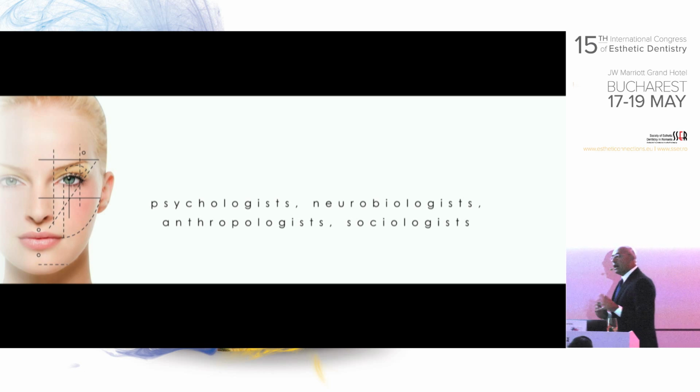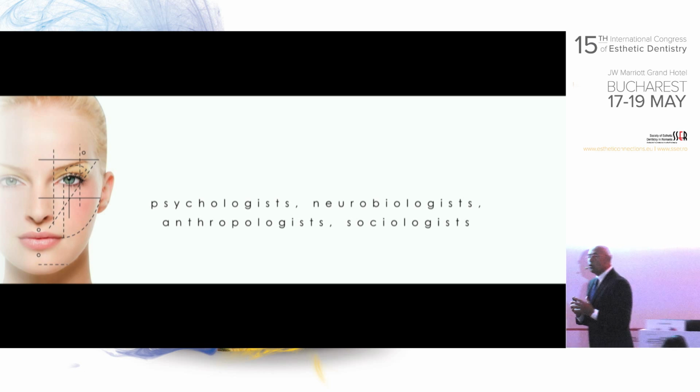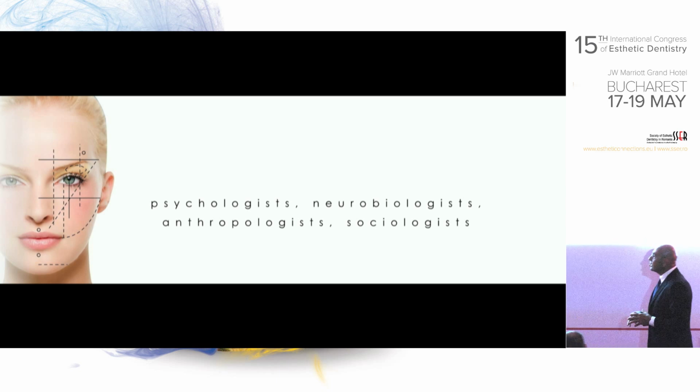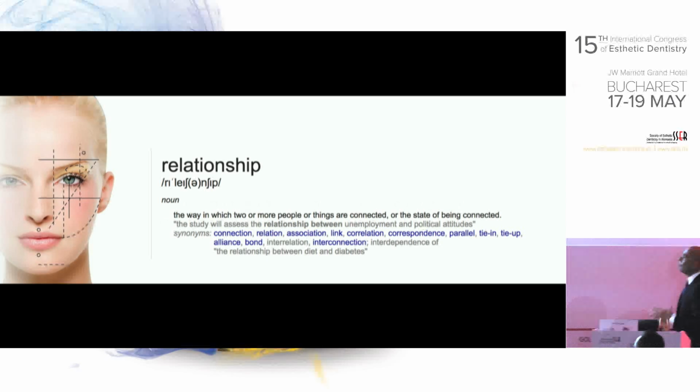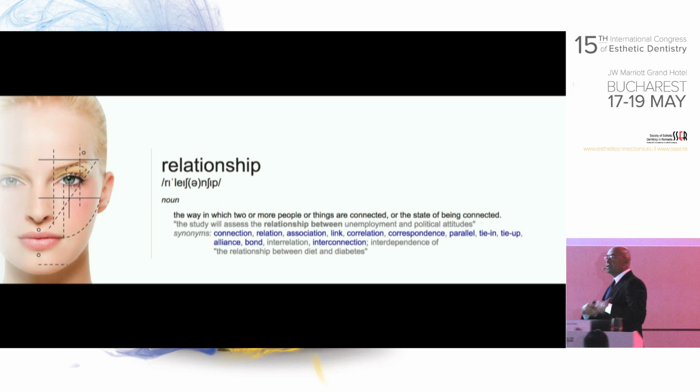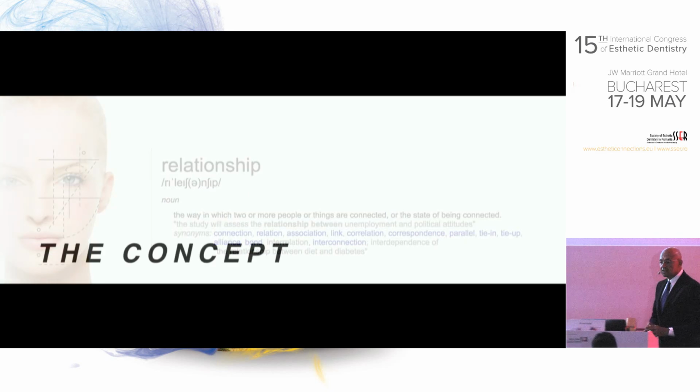So when we saw these similarities of this visual language, we started discussing this with psychologists, neurobiologists, anthropologists, and sociologists, and tried to see if there's any truth behind it, or if it is just perception. We really wanted to see the relationship of this facial and personal perception with the design of the smile.